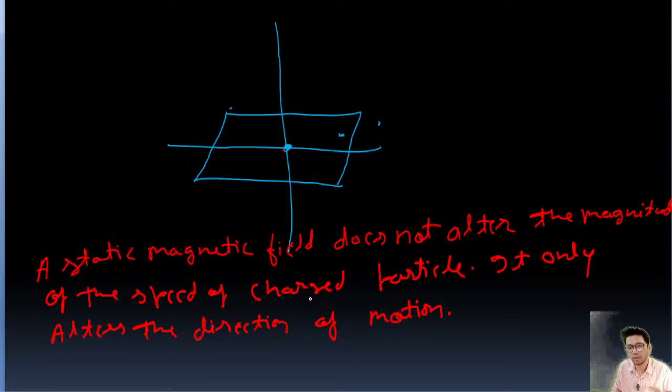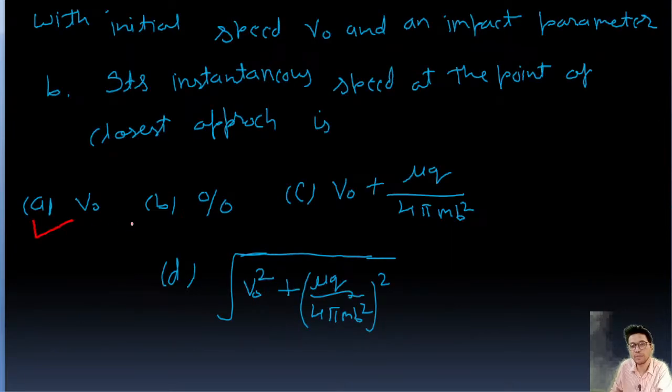Hence the speed will be the same as the one it started with. Thus which option is correct? Option A is correct, because the speed will remain the same, guys, since the static magnetic field does not change the speed. It only alters the direction.